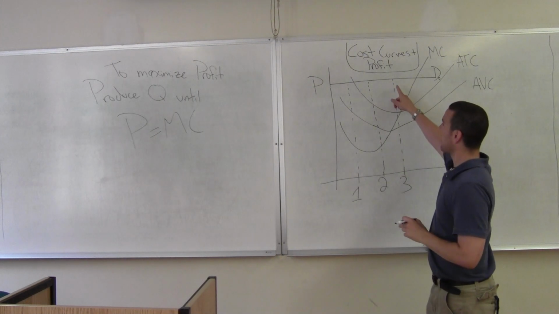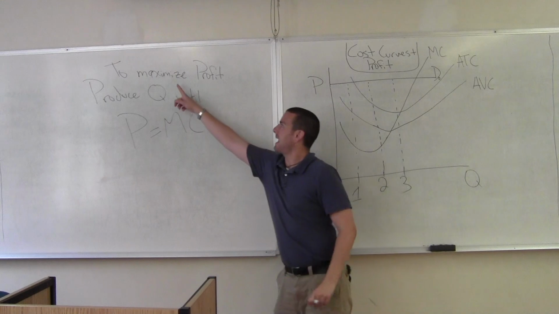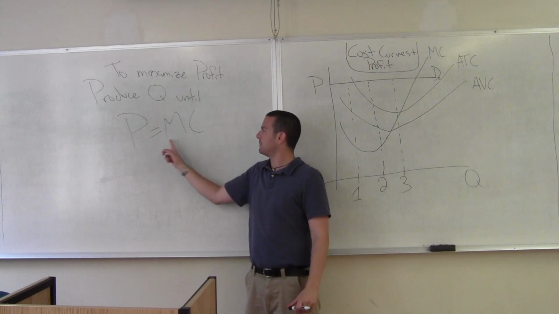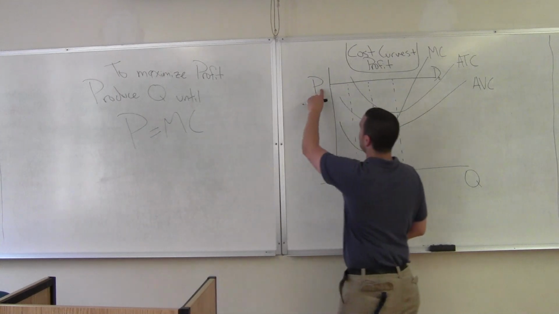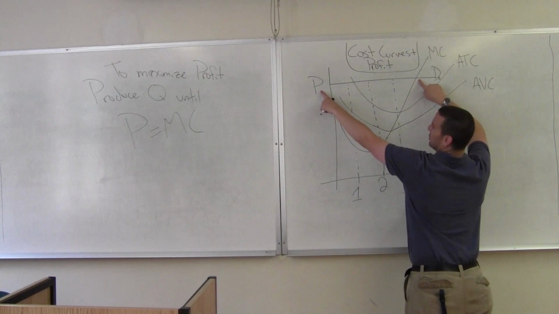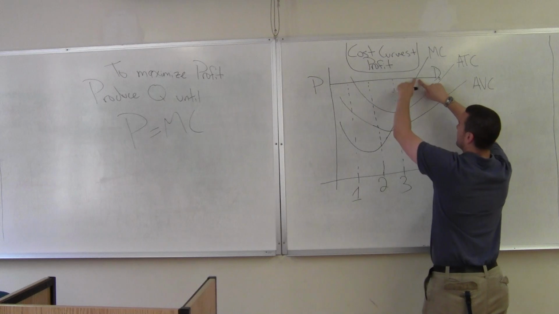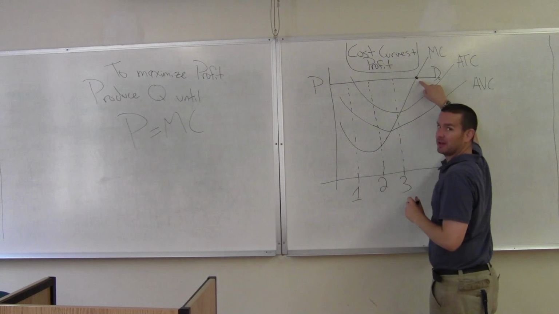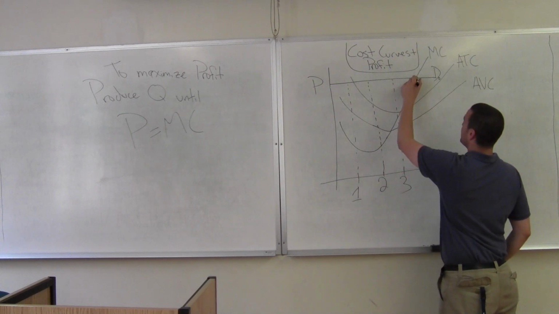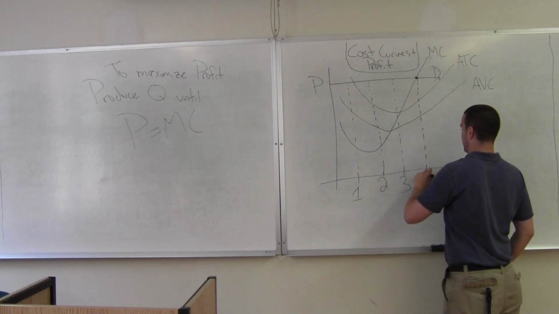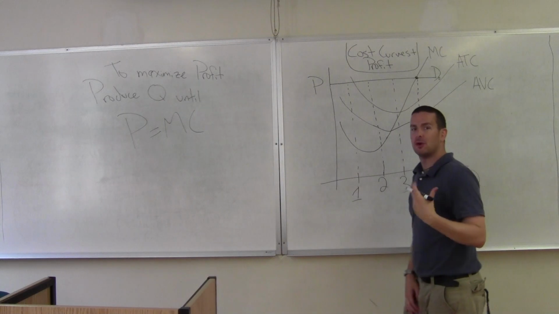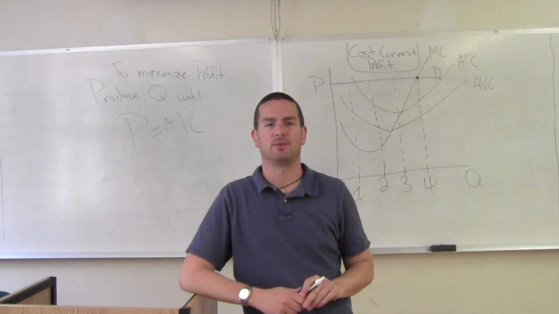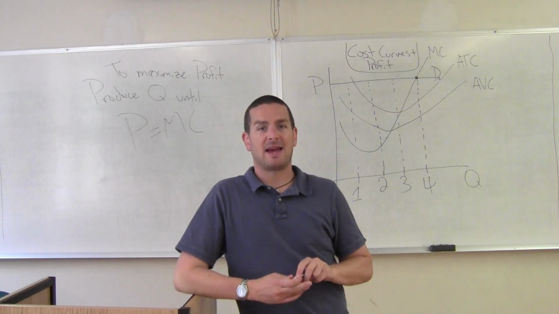They're going to maximize their profit by producing quantity until price is equal to marginal cost. So this is price, this is marginal cost. That is where they should produce. They should produce 4 units of whatever it is they produce. Lemonade, corn, water bottles, things like that. That's how they make profit.